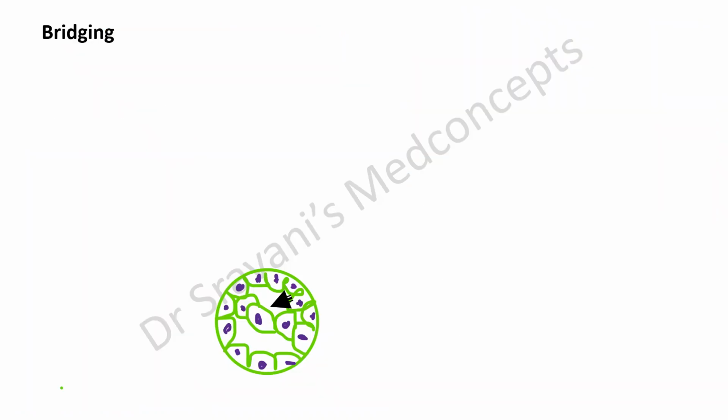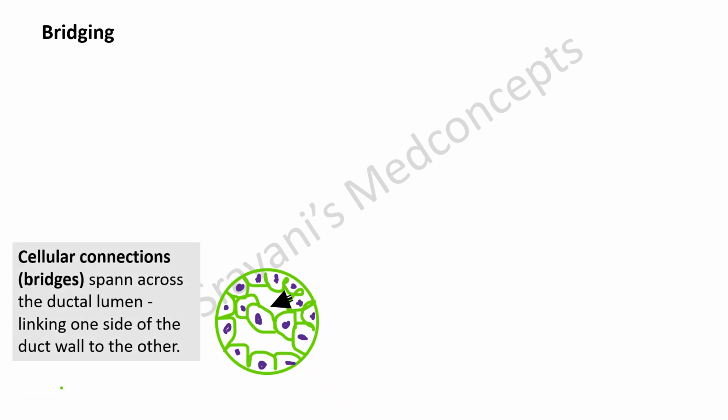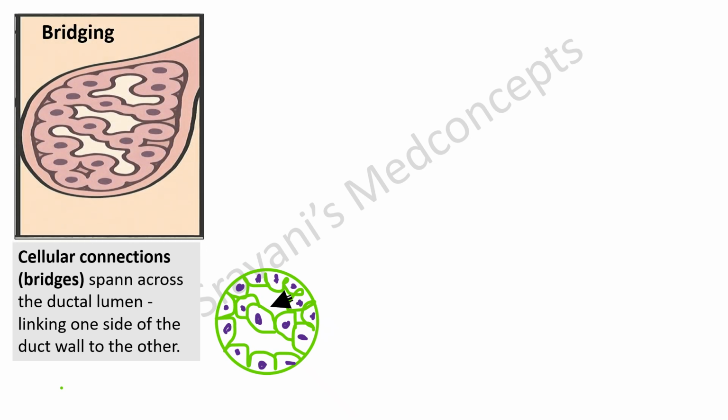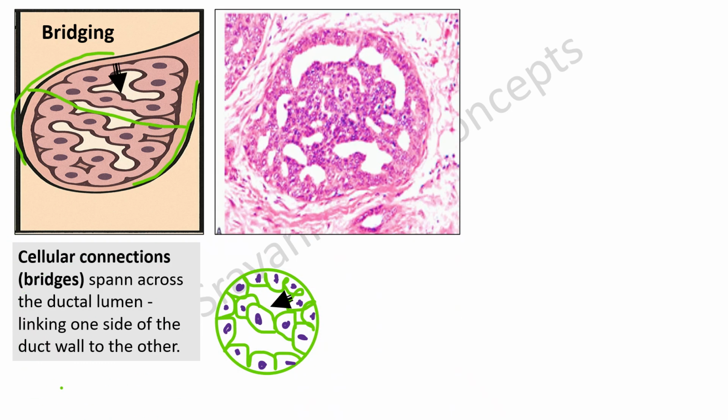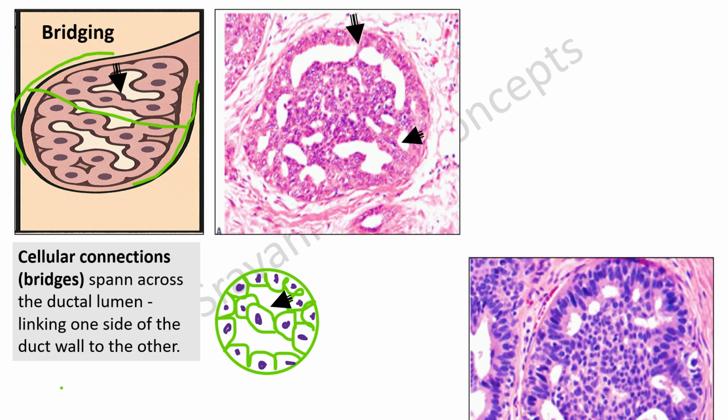Next characteristic feature is bridging. So there are cellular connections which span across the ductal lumen, linking one side of the ductal wall to the other. As we can see here, there is bridge formation connecting one side of the duct to the other side of the duct. So these are the bridges. This is another diagram showing bridges.